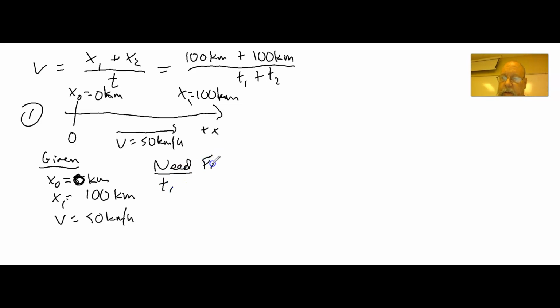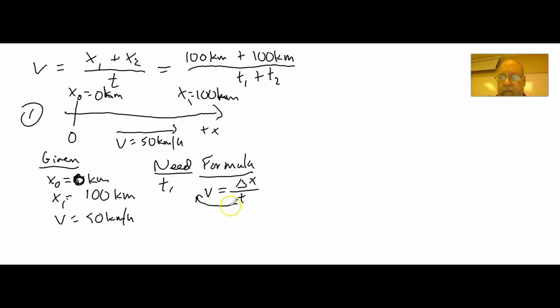I have a formula that will find the velocity for me. You might say, wait, Marshall, I don't want the velocity, I want the time. Well, it'll still work. Velocity equals change in x over t, and I want to isolate t.